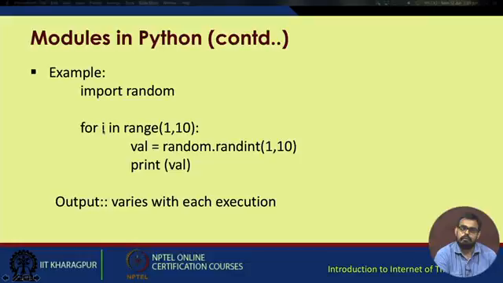For example, this script: for i in range 1 to 10, as in you have a list of 9 numbers 1, 2, 3, 4 up to 9. Value is random dot randint 1 to 10. It will randomly generate numbers between 1 and 10 and print value. Since this is a random number generator, the output will vary upon each execution. So it's better you try this yourselves.